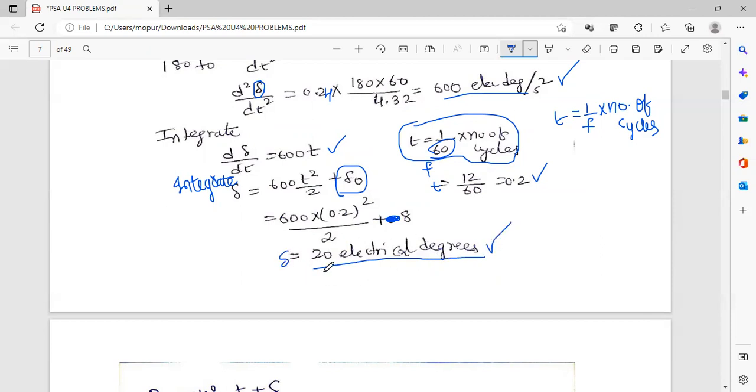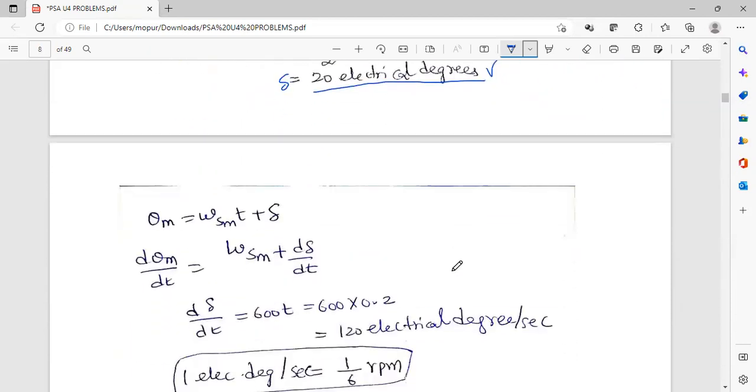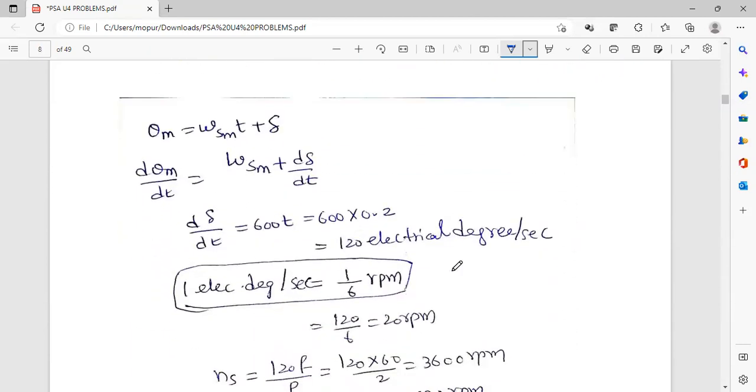Now we know the value of del in electrical degrees. Now we need to find out speed, so we should find theta m, where theta m is equals to omega sm t plus del.